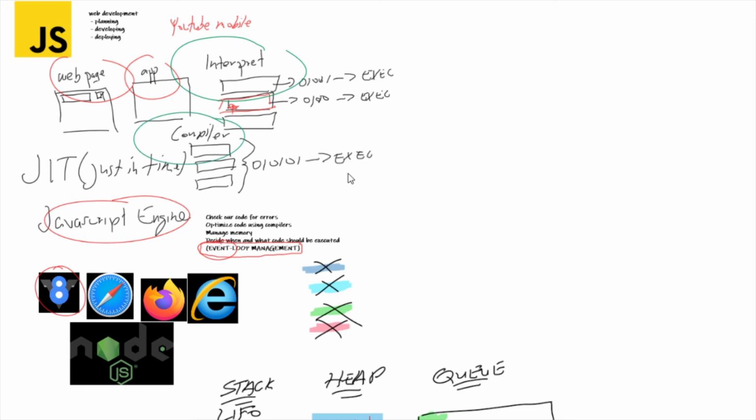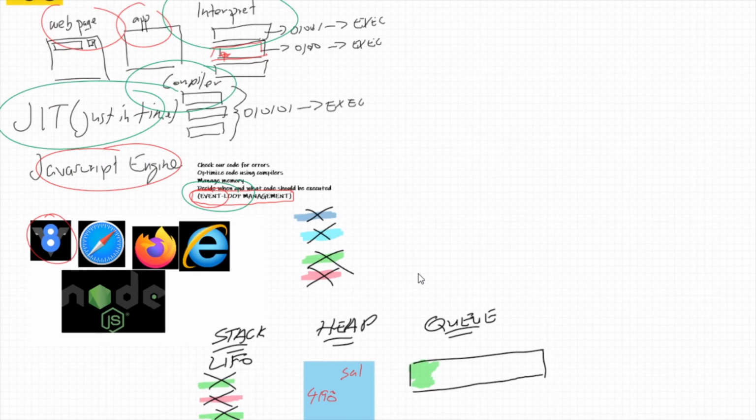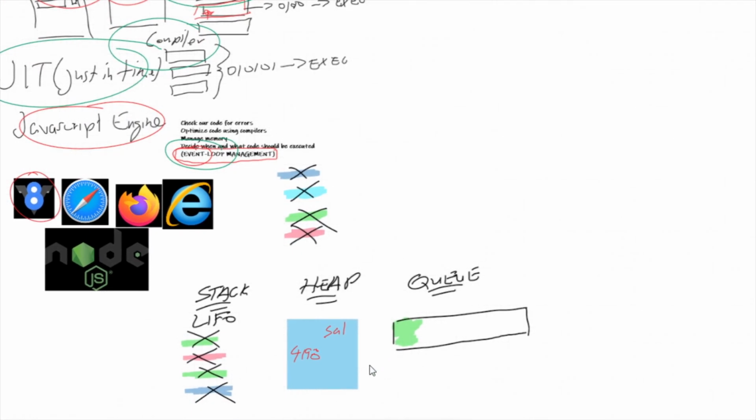That allows for faster execution times. And then we saw that JavaScript was a just-in-time compiled language, which means it uses an interpreter and a compiler to execute the tasks. And then finally, we went over a concurrency model philosophy, which is just the event loop that helps manage when code gets executed, the stack, the heap, and the queue.